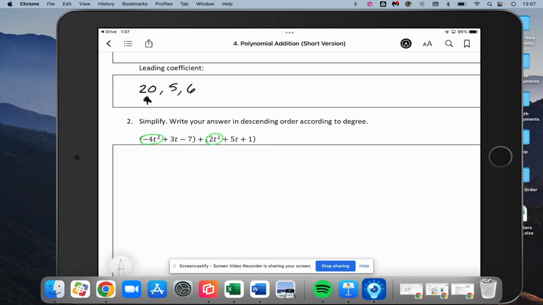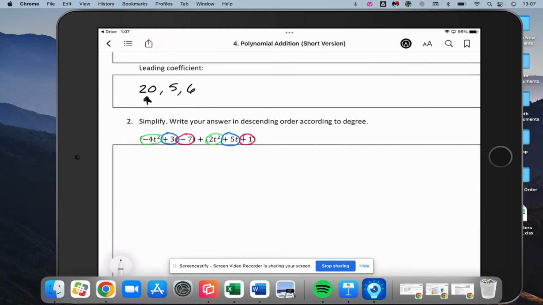I can't stack the plates with something that has just a t because that's a glass. And so the plates and the glasses, and I should be circling the sign in front of these as well. The plates and the glasses can't be stacked together. So my t's can be stacked together, my t's to the power of 2 can be stacked together, and my numbers that are just numbers can be stacked together. So we're going to combine those.